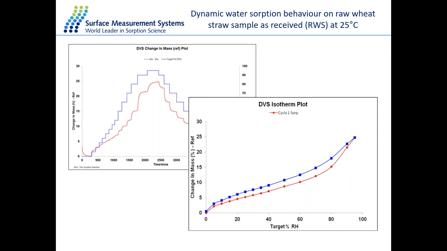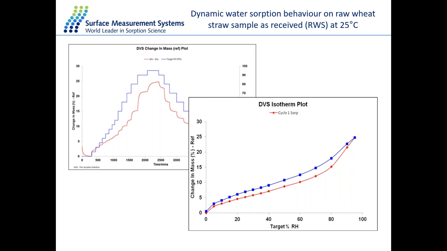So if you think about this set of data specifically, if you look at, for example, this step at 50%, the absorption cycle, which is the red line, and the desorption cycle, which is the blue line, you can see that the mass of the sample is much higher during desorption than in the absorption.